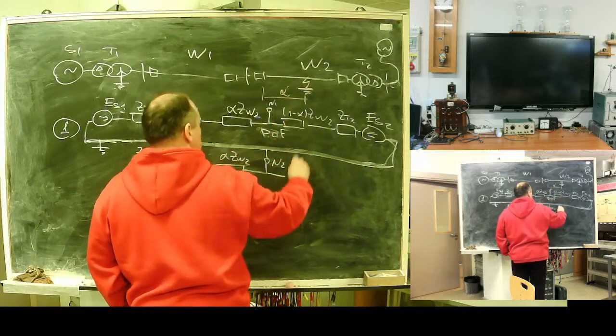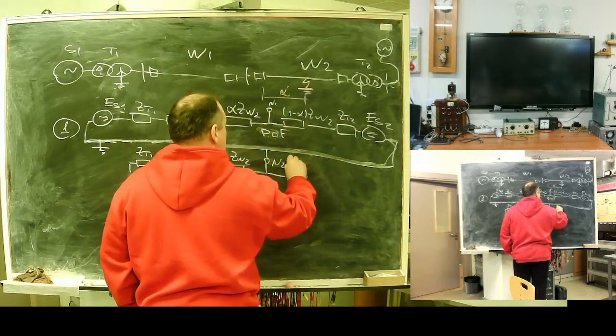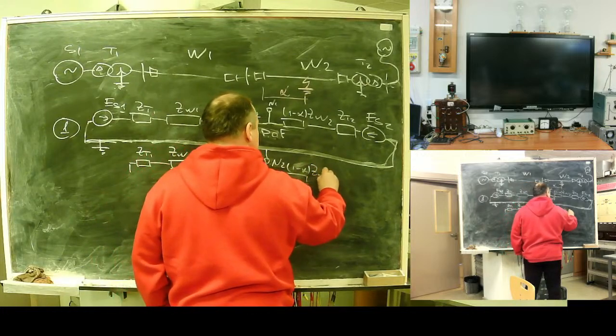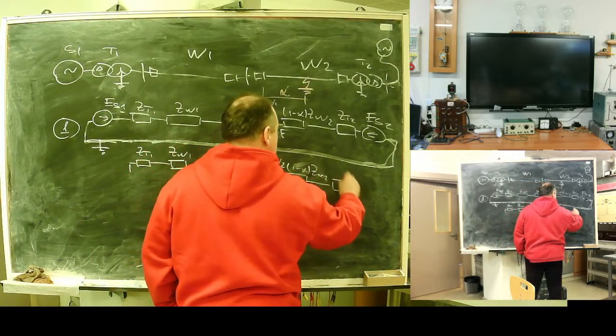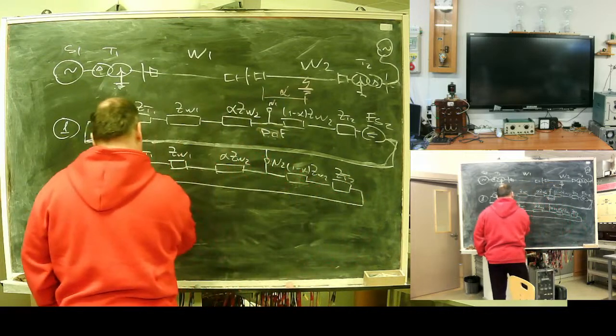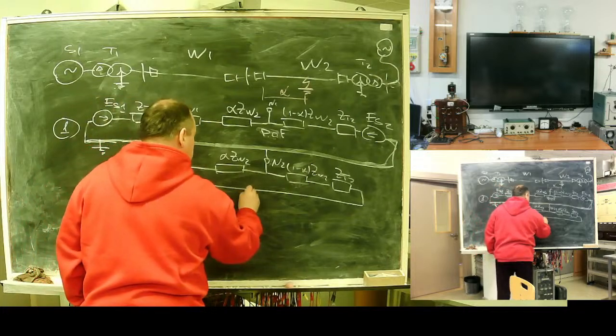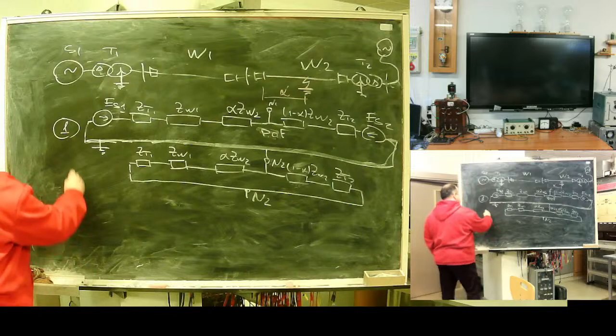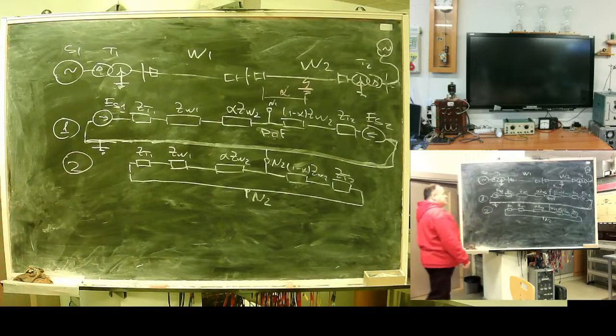This is N1. 1 minus alpha. My second transformer, common ground, neutral for negative sequence. This is negative sequence.